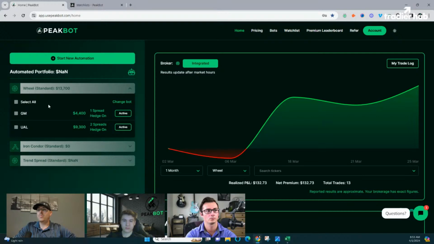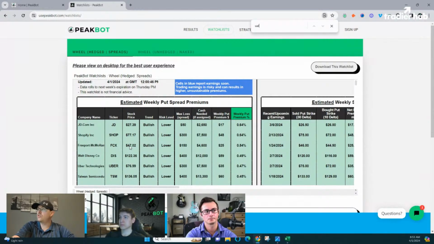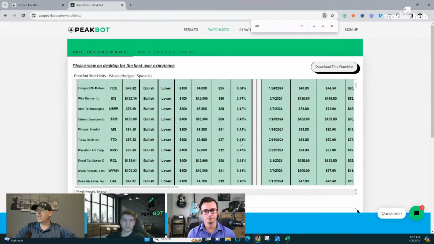Now, when I looked at the watch list today for General Motors and United Airlines, United Airlines is still showing bullish and lower risk, which is nice. However, I'll be honest, this premium that I'm earning, 0.37% for $17, I wanted to try to get a little bit higher than that. I like to stay between 0.5% and 1%.